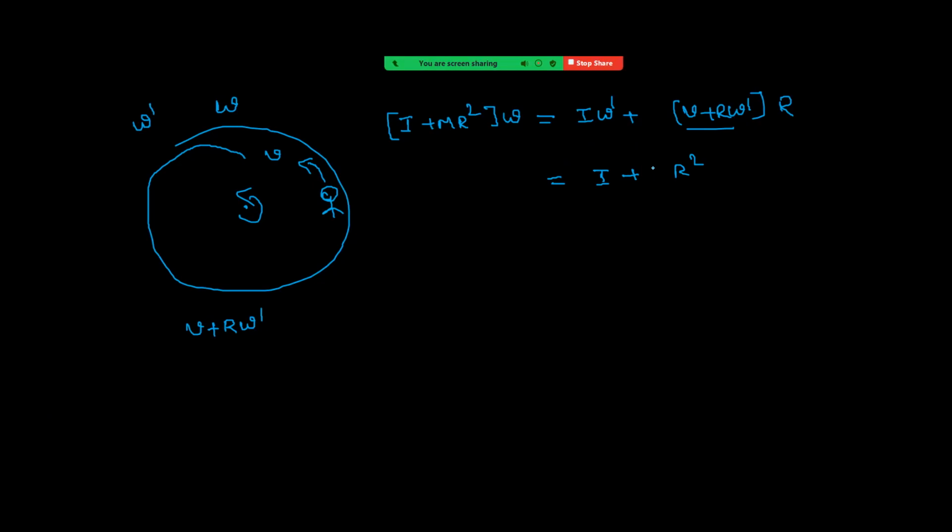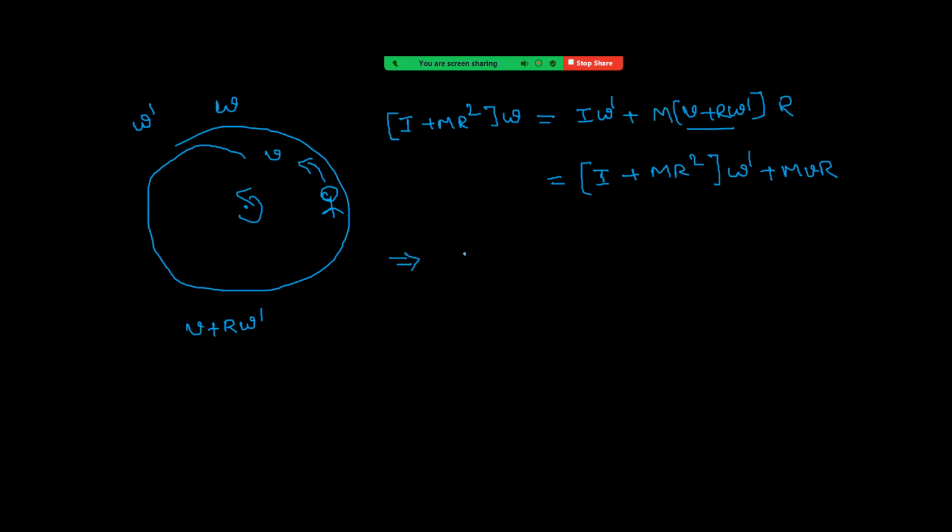I plus M r square into omega equals I plus M r square into omega dash plus M v r, right?